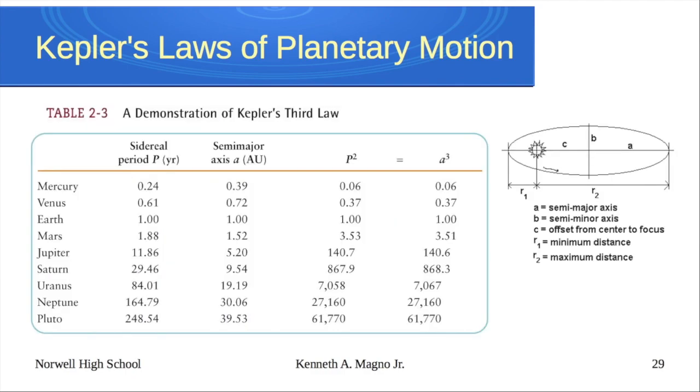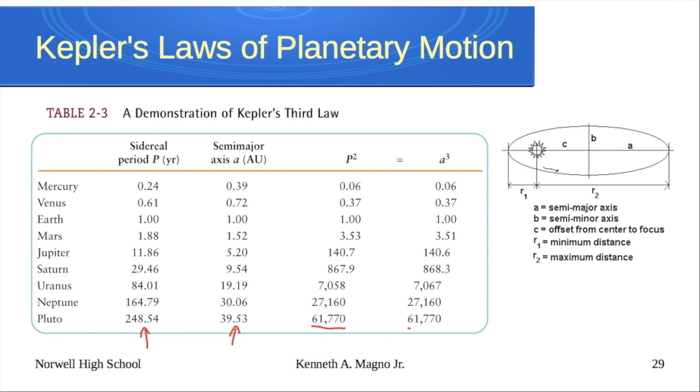So let's look at good old Pluto that used to be a planet down here. Pluto has a period of 248.54 years. Its semi-major axis is 39.53 astronomical units. So when I square the period, I get 61770.